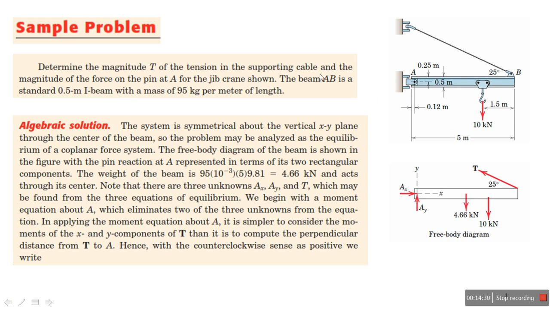Now what are the forces here? The beam AB is a standard 0.5 meter I-beam, with a mass equal to 95 kilograms per meter of length. First of all, the system is symmetrical about the vertical XY plane through the center of the beam.